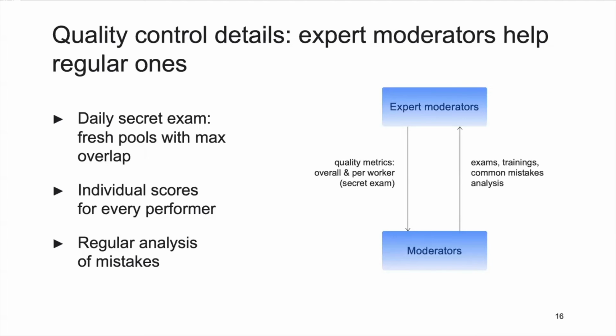So weekly, every expert moderator who is responsible for some project, who has expertise in this project, sits and puts labels on all these daily secret exams. This way, we can use one expert moderator's labels to estimate the quality of every moderator who worked on this project this week. This way, we have individual scores for every performer, and we can work with them individually.